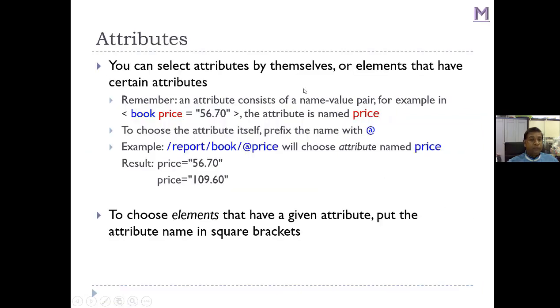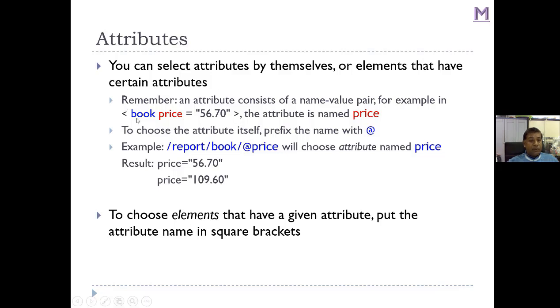Next, attributes. Okay, you can select attributes by themselves or elements that have certain attributes. Okay, look here. An attribute consists of a name-value pair. Remember, an attribute consists of a name-value pair. Two things, name and value.